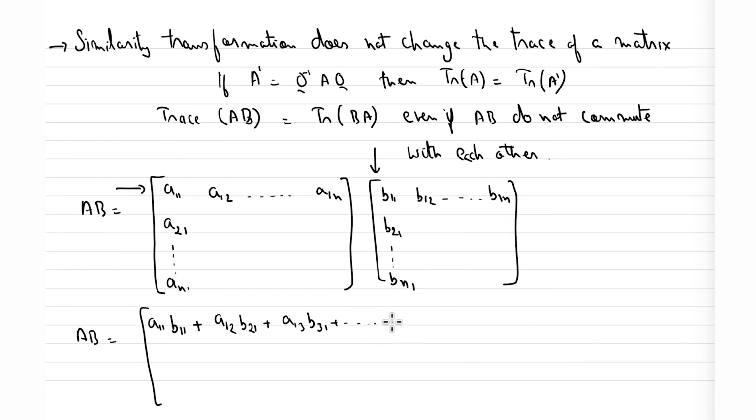And the last one will be A1N Bn1. This is my first element of first column, first row.